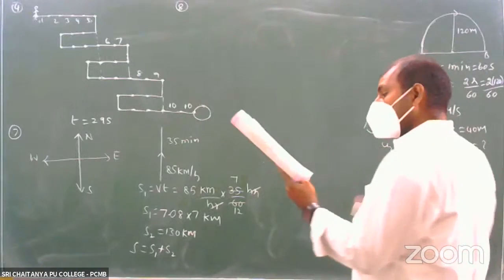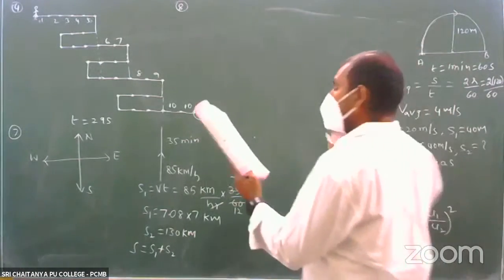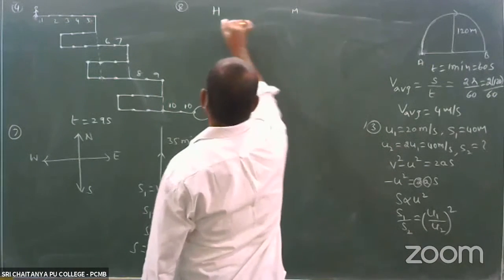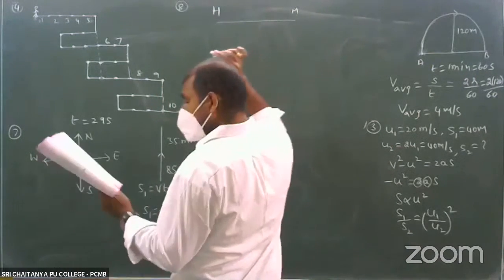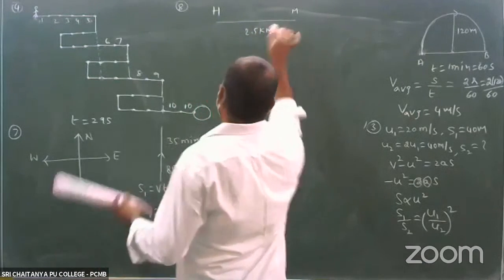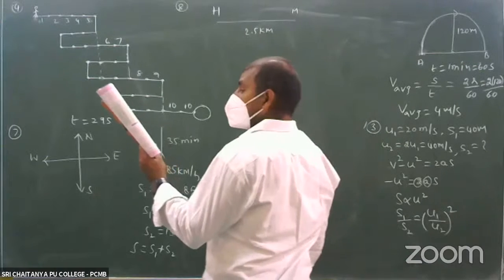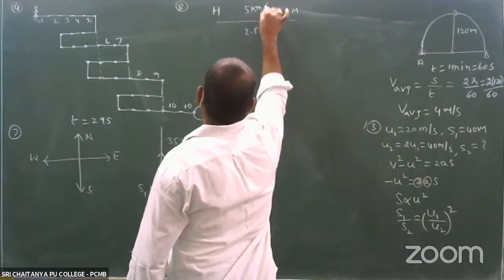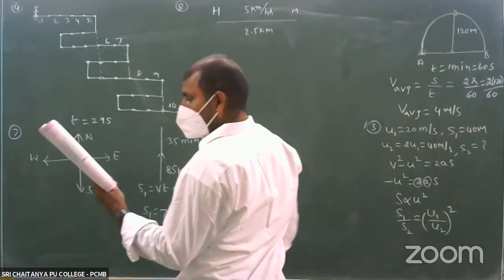H is the house, M is the market. House to market. What is the distance given? 2.5 kilometers. And he is traveling with what speed? 5 kilometers per hour.